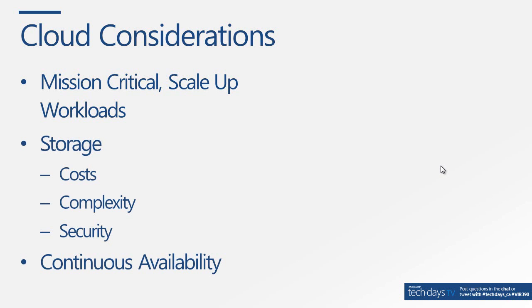But also, how do you ensure that from a standpoint of storage, you've got minimal costs, minimize the complexity, and ensure you've got security of that storage data. So, if you are implementing a cluster, for example, and you've got clustered file shares, how do you ensure that they're protected should those hard drives happen to go away? Obviously, continuous availability. We want to make sure that your infrastructure is always up and running, being able to move virtual machines without any restrictions on how you can do that.